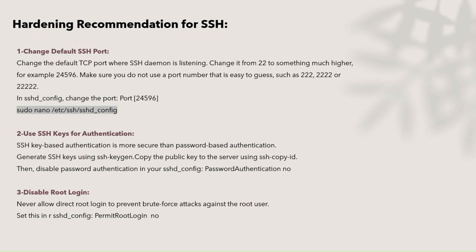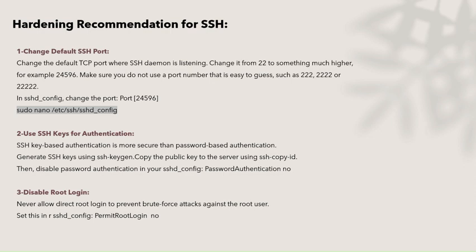Hardening recommendations for SSH. The first one is to try to change the default SSH port. Change the default TCP port where the SSH daemon is listening from 22 to something much higher, for example, 24596.